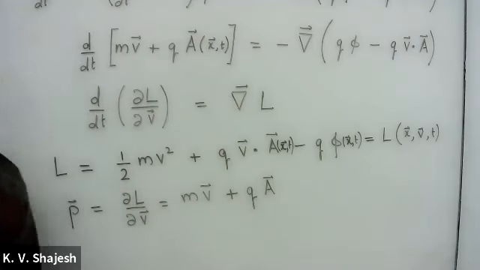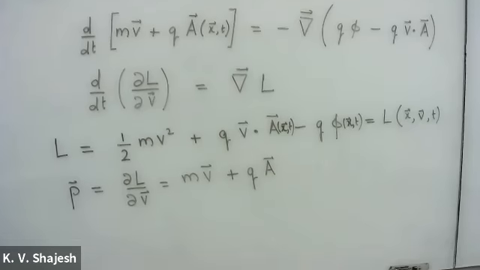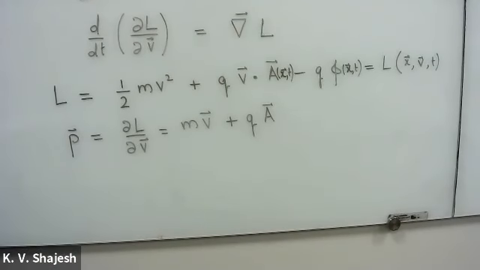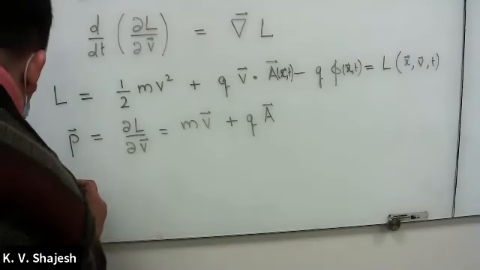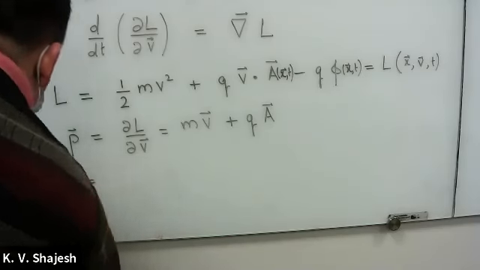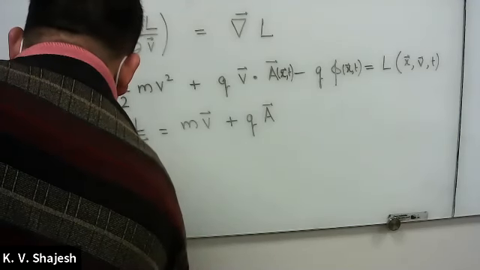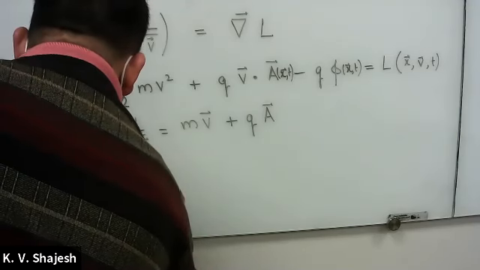There's a whole function that you're adding onto that. The momentum is not m times v. So what is the Hamiltonian? The Hamiltonian is equal to p times v, or v dotted with p, minus the Lagrangian.